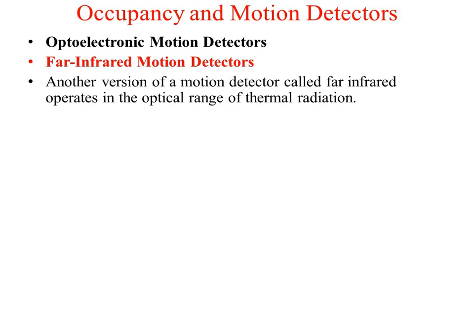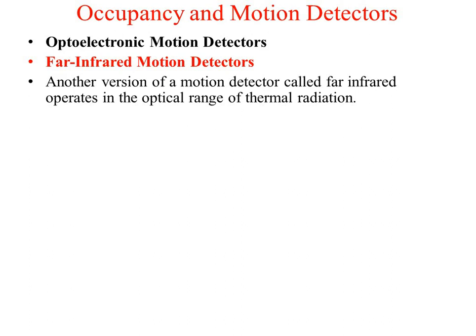So another version of motion detector is called far infrared, which operates in the optical range of thermal radiation. That means your body radiates certain heat because our body has a temperature, and it radiates heat to the surroundings, and that heat is detected by the sensor.